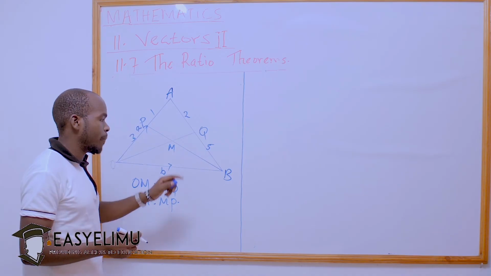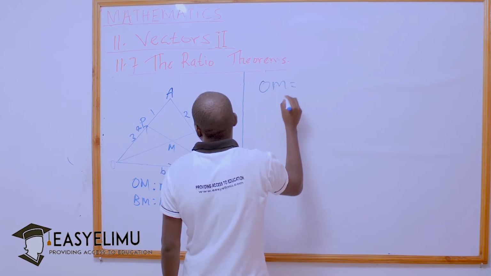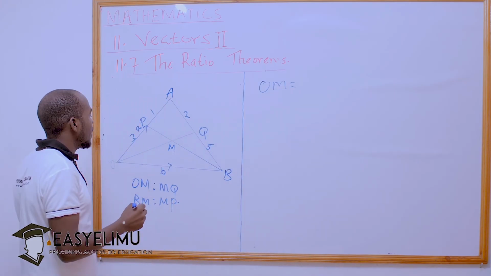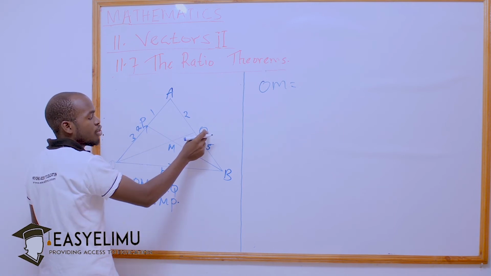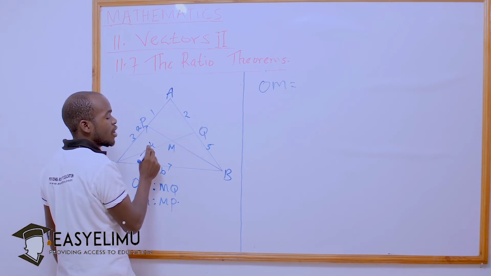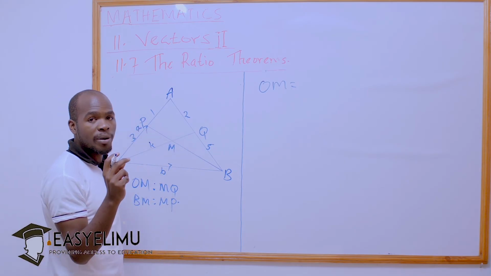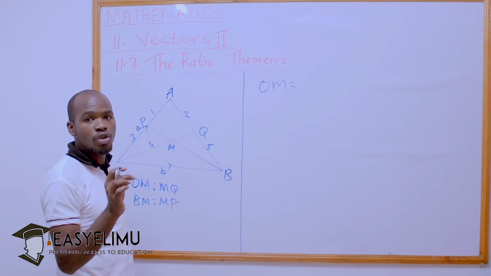Let's find OM. We know one thing. To find OM, we can assign this line OQ to be in the ratio K. Because this is K, and we said if you take the ratio theorem, you take the coefficients of A and B, if you sum them, you will get 1.